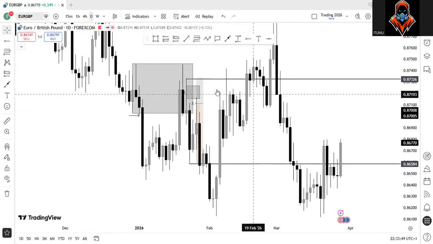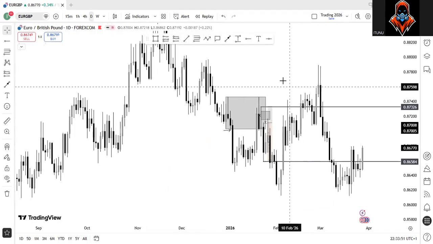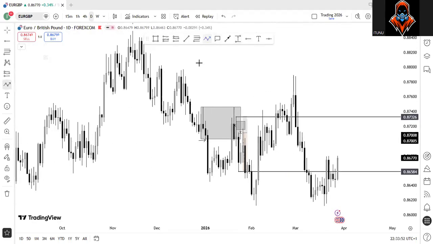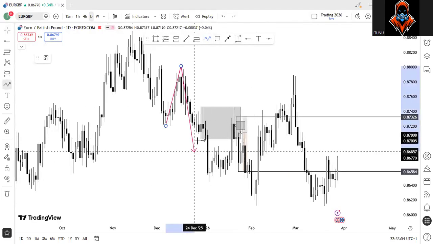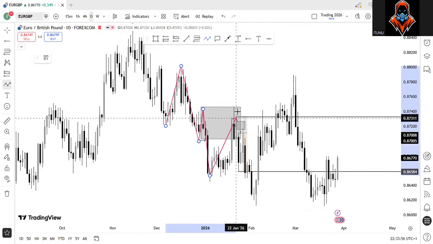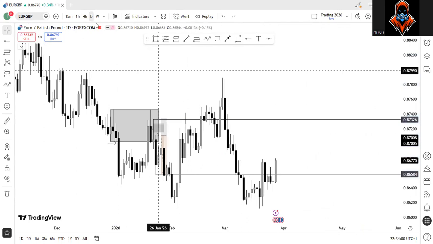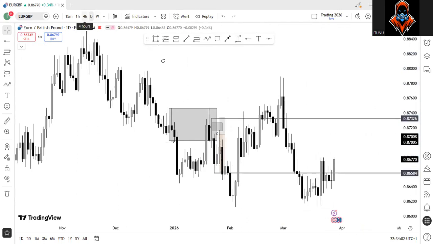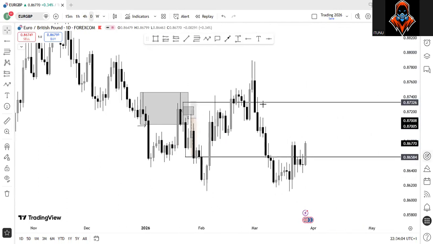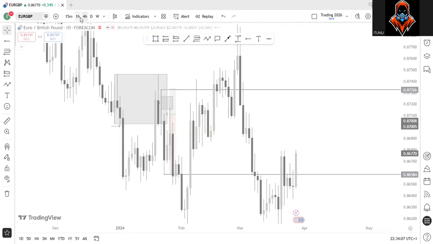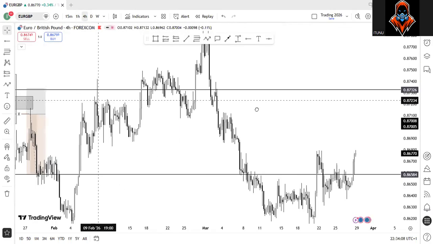You also know that the market is bearish, continuing to create lower lows, so we follow the trend. We have where it's coming from on the daily time frame. Then we have our setup on the 1-hour time frame.